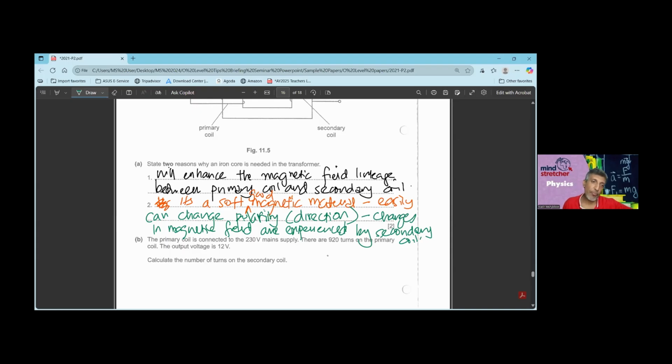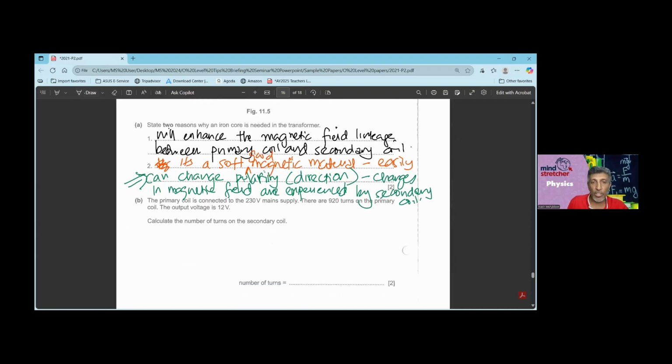Now, for combined science students, it's not exactly required, but you just need to know that it's a good magnetic material. So you can talk about the induced EMF.